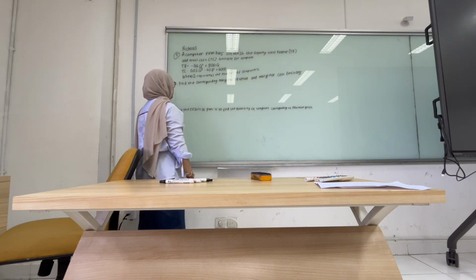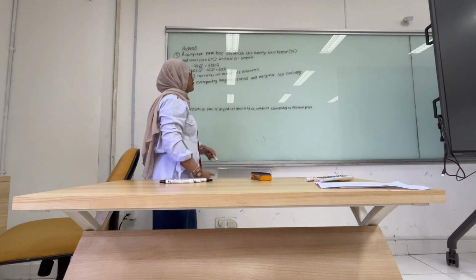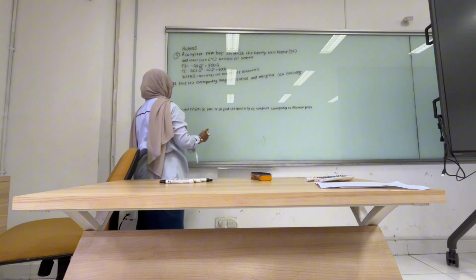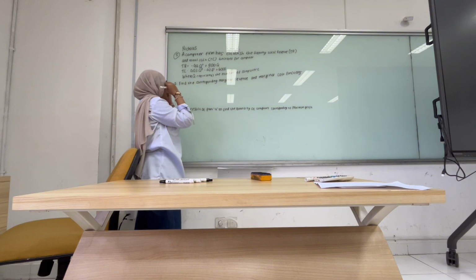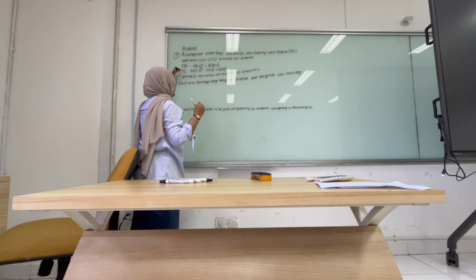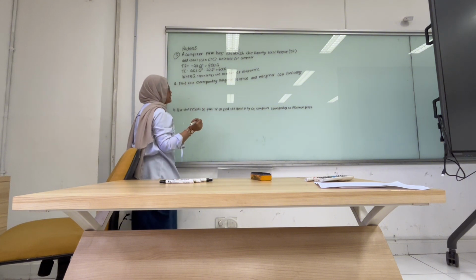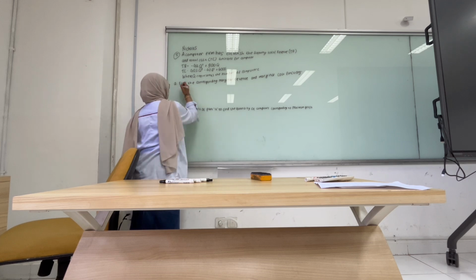So the first one, we need to find the corresponding marginal revenue and marginal cost functions. Basically, the marginal revenue is the derivative of TR, and the marginal cost is the derivative of TC. So the first one, we need to find the marginal revenue.